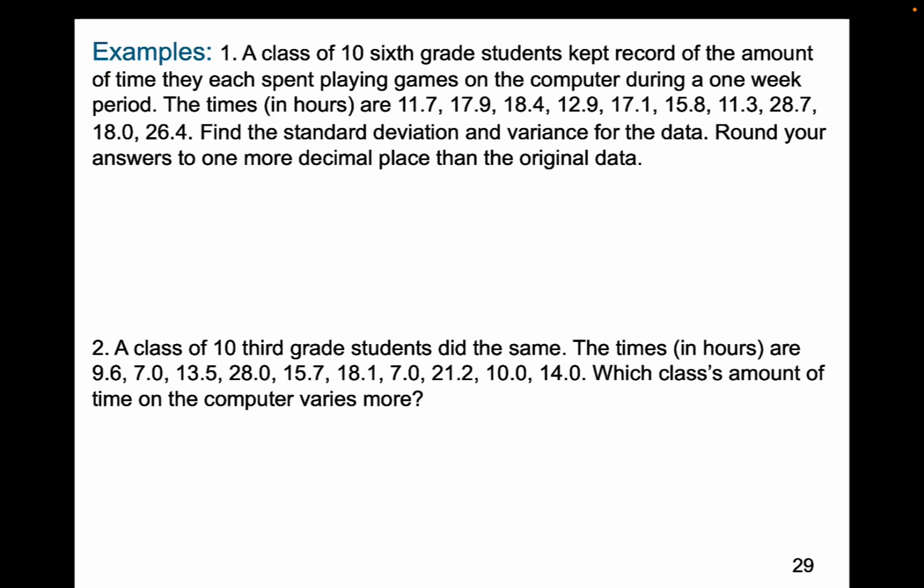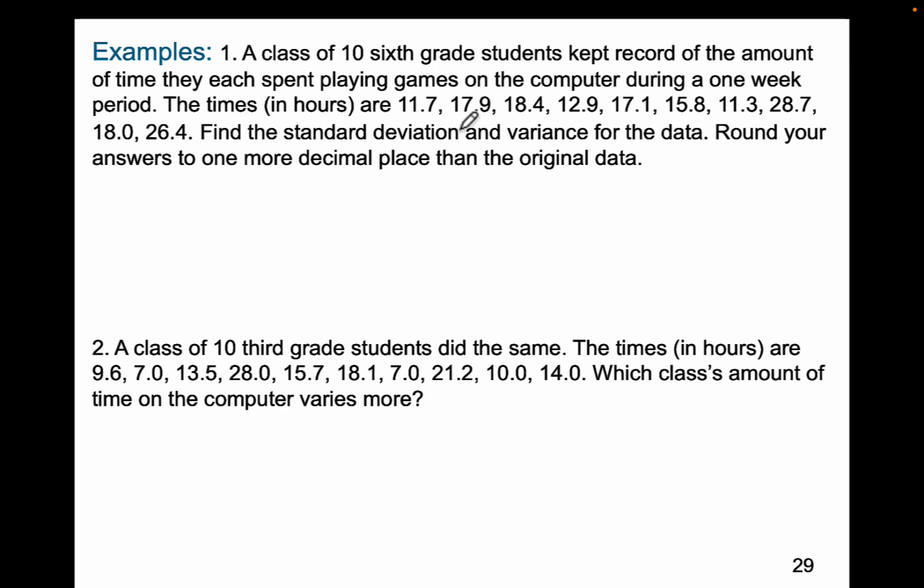Let's use this example. Number 1, a class of 10 6th grade students kept record of the amount of time they each spent playing games on the computer during a 1-week period. The times in hours are 11.7 hours, 17.9, and so on, all the way up to one of our 6th graders who spent 26.4 hours that week on the computer.